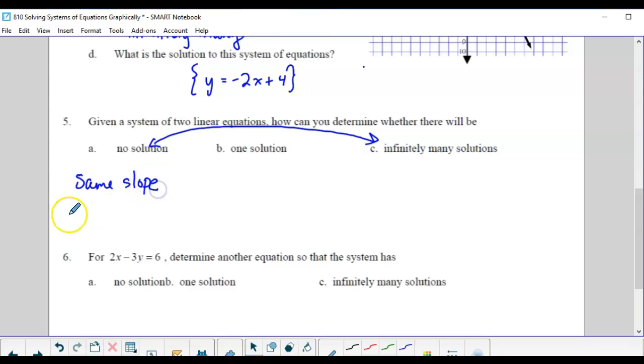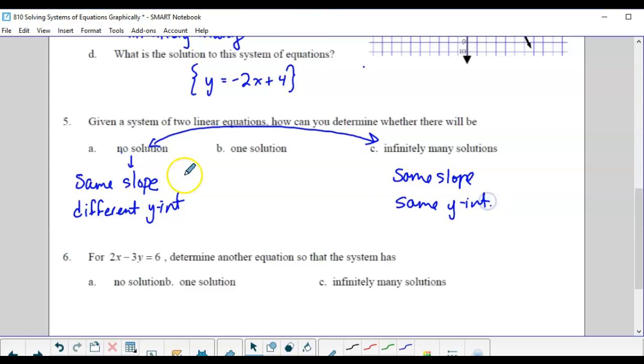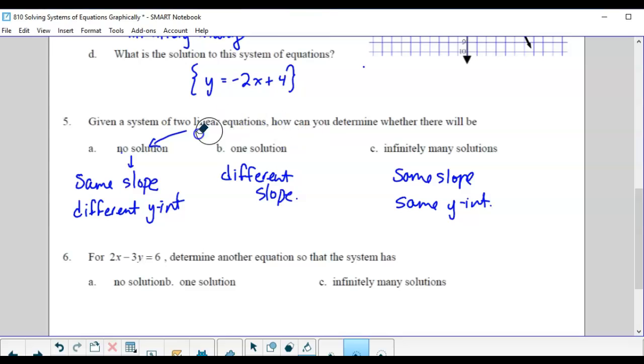For no solution, they would have different y-intercepts. Infinitely many would be the same slope and the same y-intercept. And one solution just has to have a different slope. If it has the same y-intercept, then that's where they intersect, right?